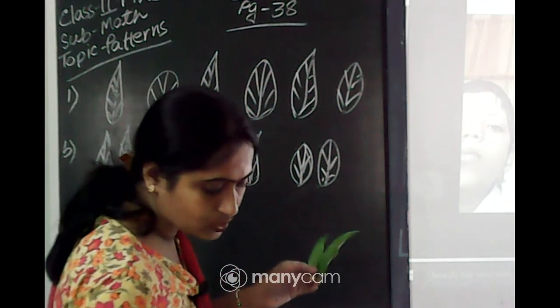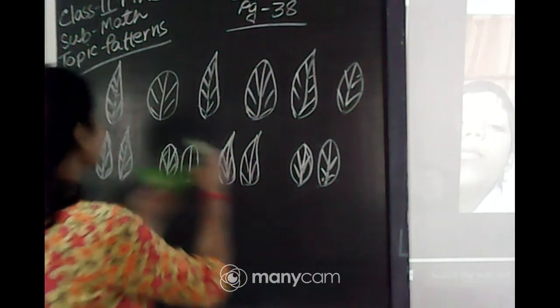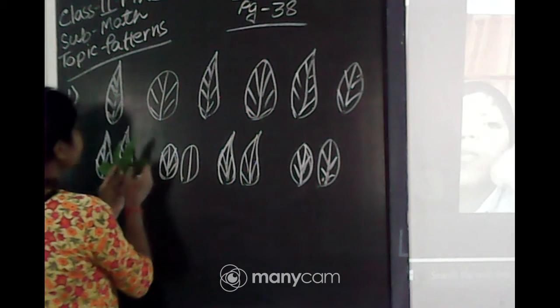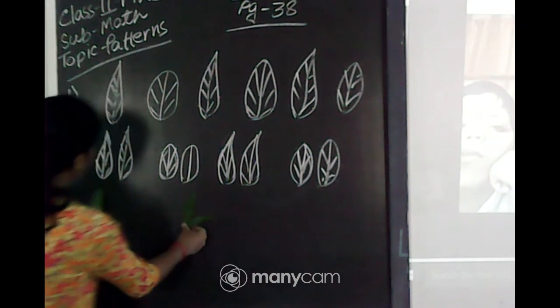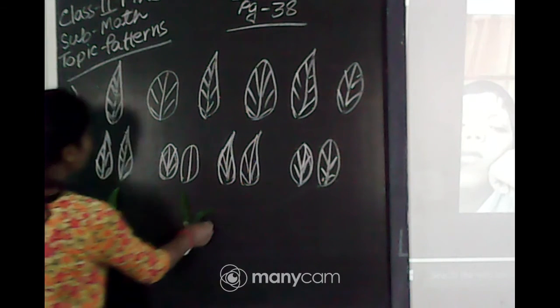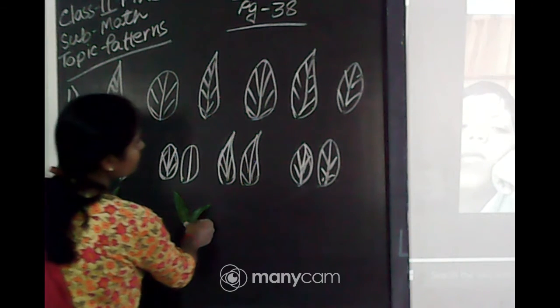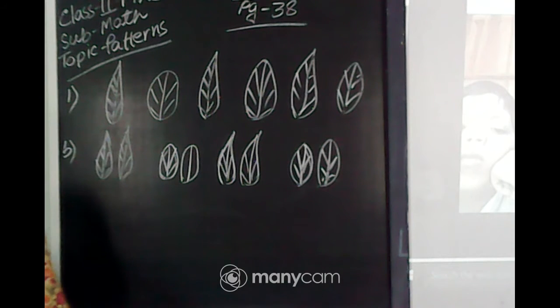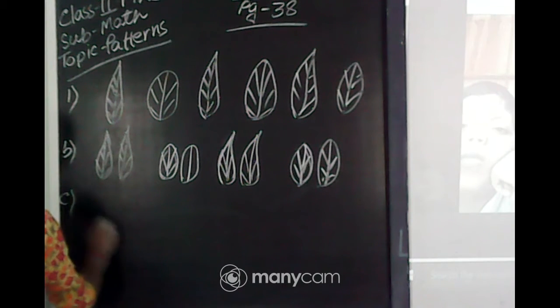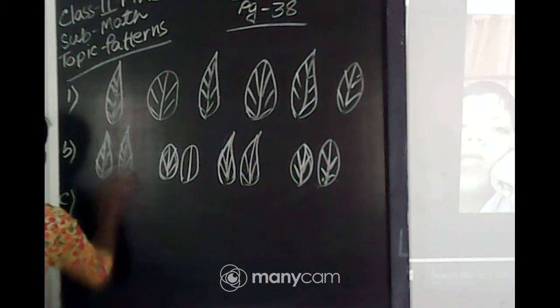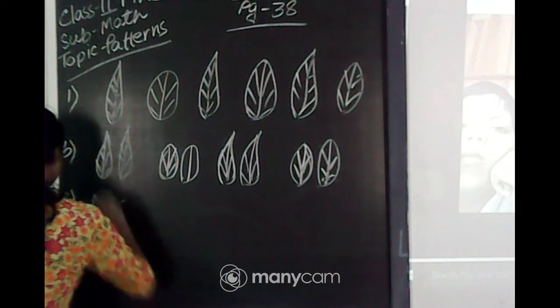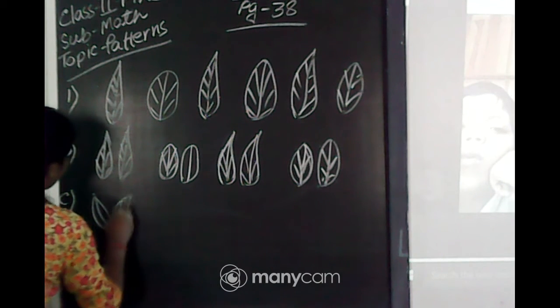Now, using the leaves we can make two mango leaves in this manner, again another two mango leaves. This is another pattern. Please all of you follow. Two mango leaves, two mango leaves in this way. We will use only mango leaves. This is the pattern. This is the mango leaf in this way.